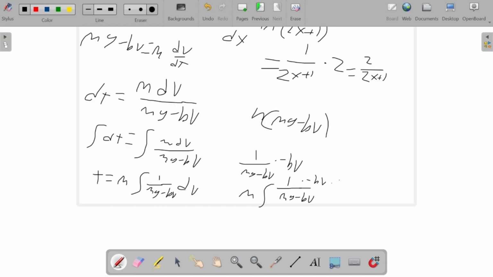So that's multiplying by minus 1 over... wait, actually, we don't need this v. The v is the variable. Sorry about that. It's not being multiplied by minus bv. It's being multiplied by minus b. Sorry about that. So this is 1 over b. And we can factor out this minus 1 over b.